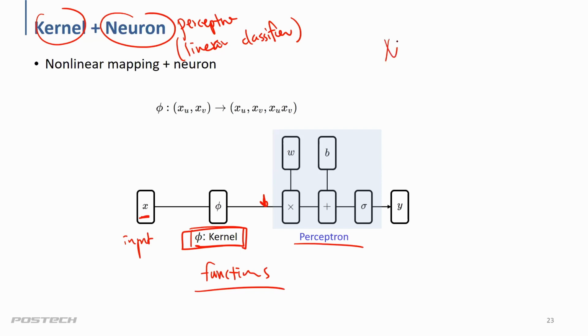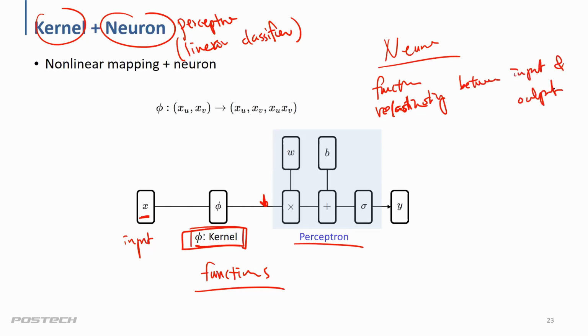What we know is that a neuron is some kind of function or relationship between input and outputs.